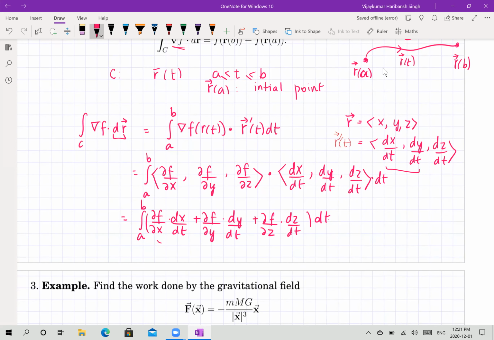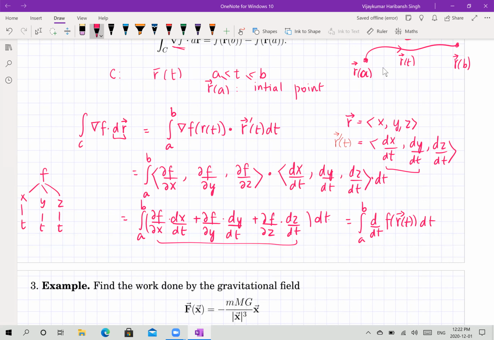Now, if you look at this function here, this is a derivative of what? Your f is a function of x, y, and z, and these in turn are functions of t. So essentially what you're writing here is the integral from a to b of d by dt of f of r of t dt.